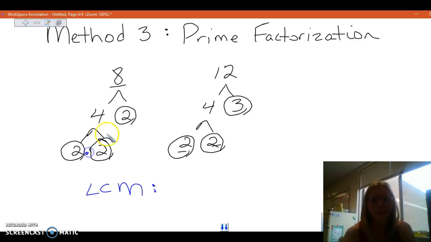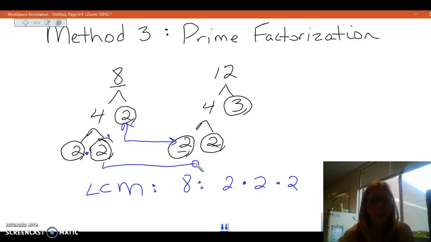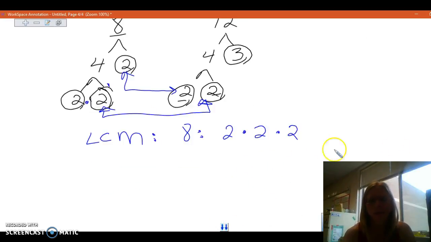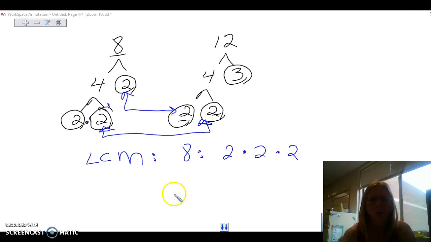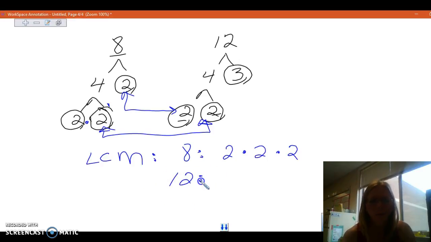Okay. Now we have our lists. So 8 became 2 times 2 times 2. We still have to realize that we have some pairs here. We have a pair of 2's and another pair of 2's. Okay? Which means when we're making the list of the prime factors, we have to match those pairs up.